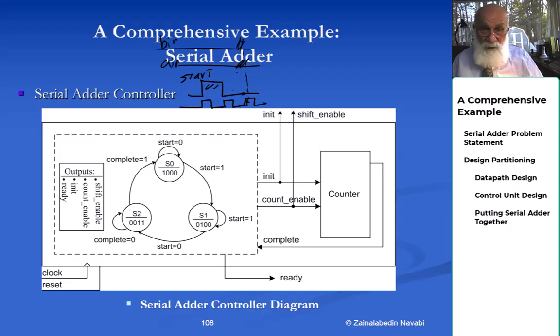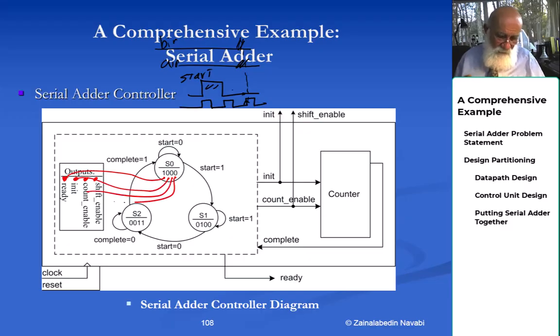So here I'm waiting in state 0 for a start, and I'm assuming that these signals 1, 2, 3, 4 correspond to these here. Instead of writing all of those in the state, I'm making this notation here. So this corresponds to this, to this, and this to this.